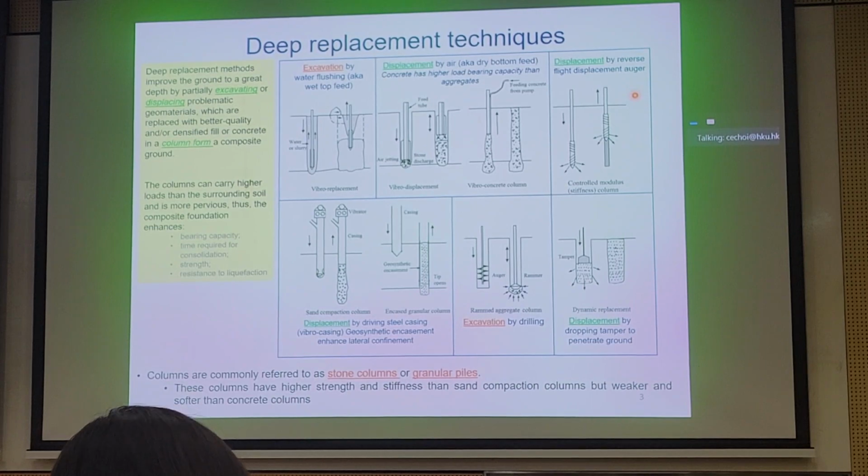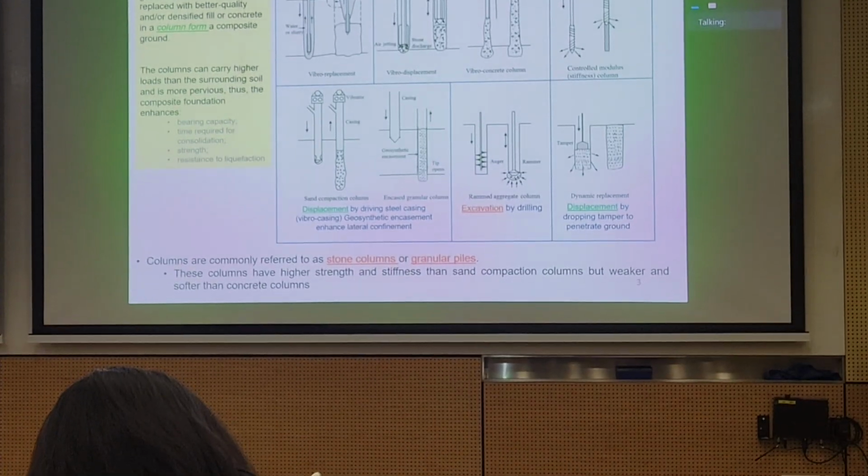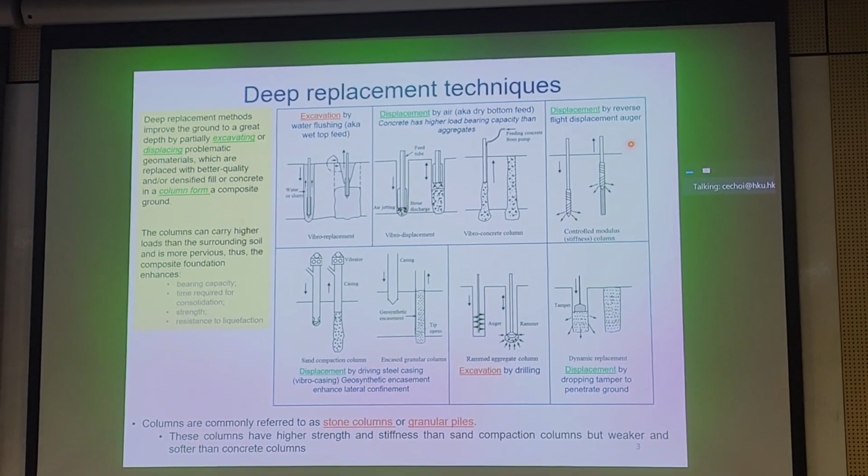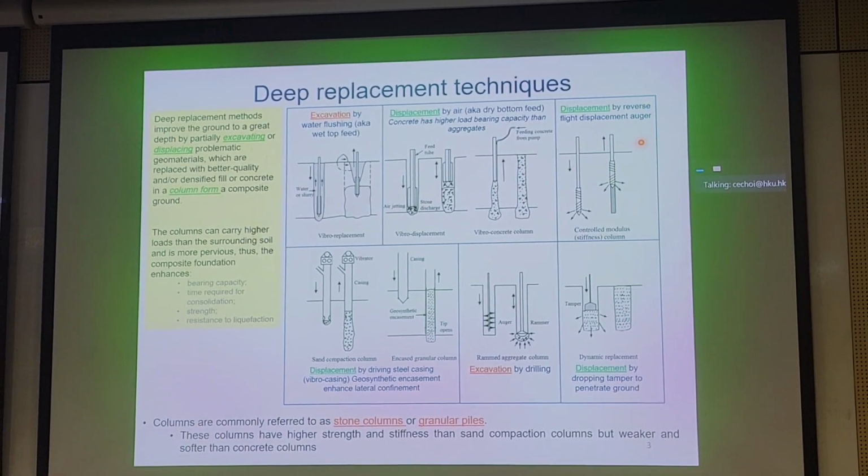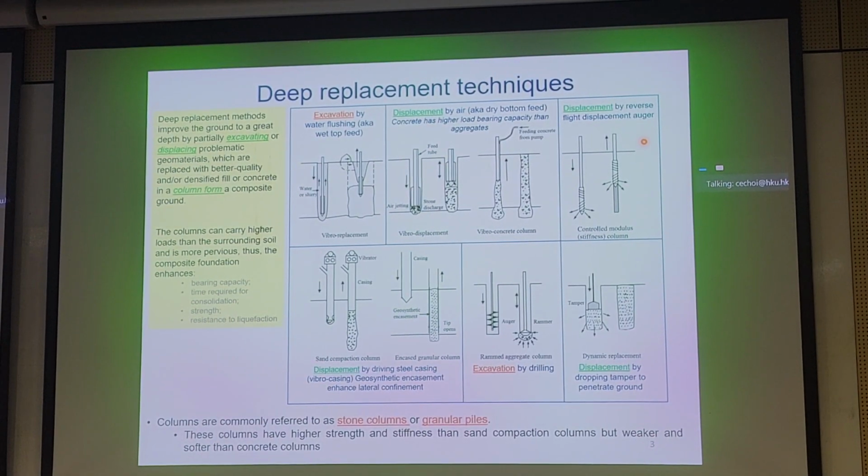We'll see more details of this later on in the lecture. We often refer to these as controlled modulus columns because, depending on what type of concrete you use, you can control the elastic modulus of this material. This is also called displacement because we're essentially pushing soil aside by rotating this auger and compacting surrounding soil.